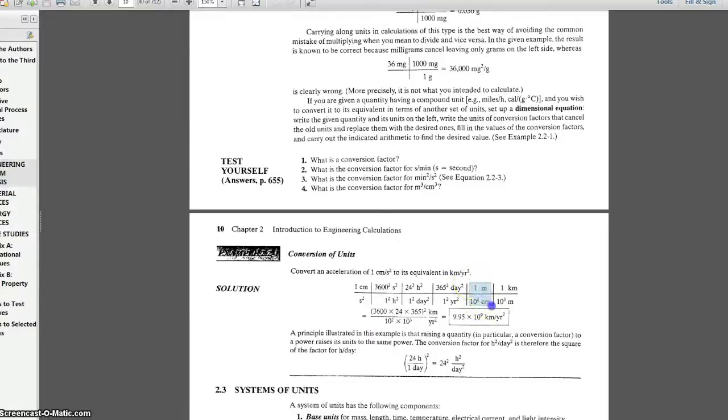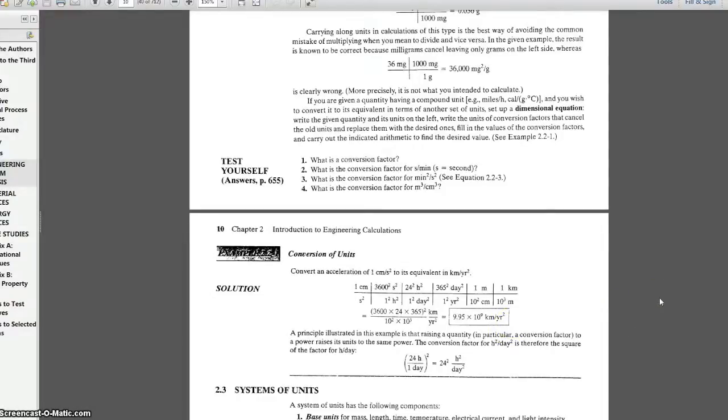So you can see here 100 centimeters equal to 1 meter, while 1,000 meters equal to 1 kilometer. And with these numbers available, you can arrange it like so, and convert it to kilometer per year, and you get 9.95 times 10 to the power of 9 kilometer per year square. So this is acceleration.